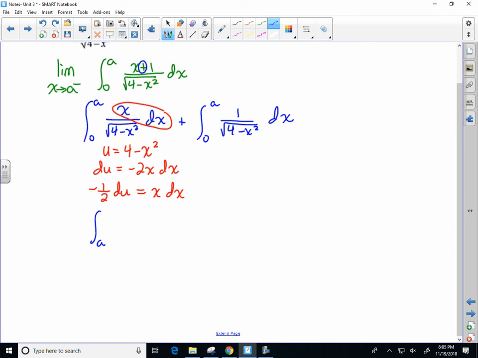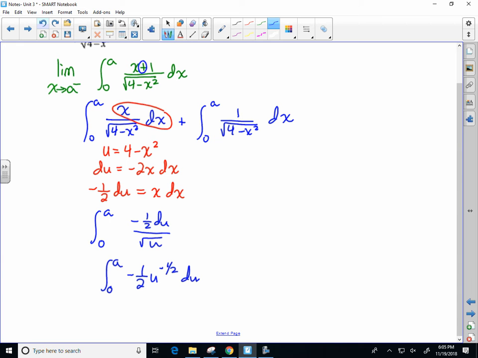So that would clean up, oh, that's not supposed to be an a, 0 to a, negative 1/2 du over the root of u, which cleans further, and you can skip whatever steps you need to. It cleans further into negative 1/2 u to the negative 1/2 du.